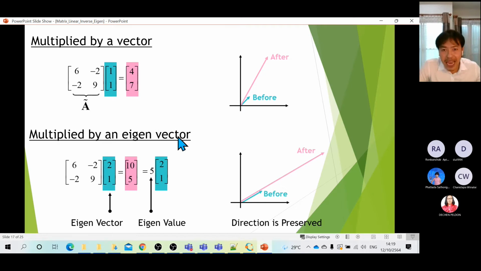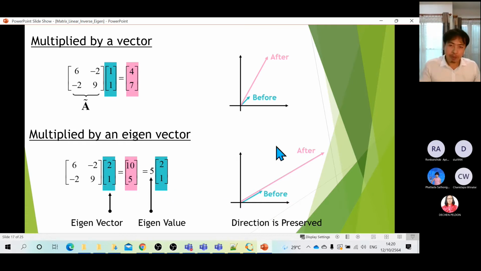But if you have an eigenvector, 2, 1, you get back the same direction as before, but 5 times longer. So this is a property of the eigenvector problem. It preserves the direction of the vector after multiplication.